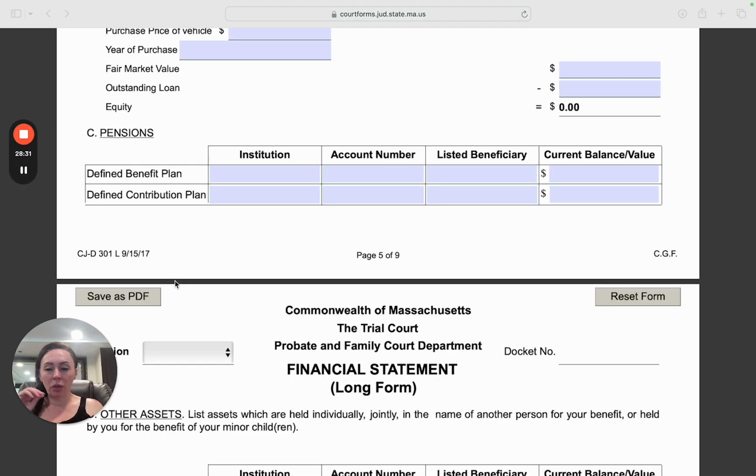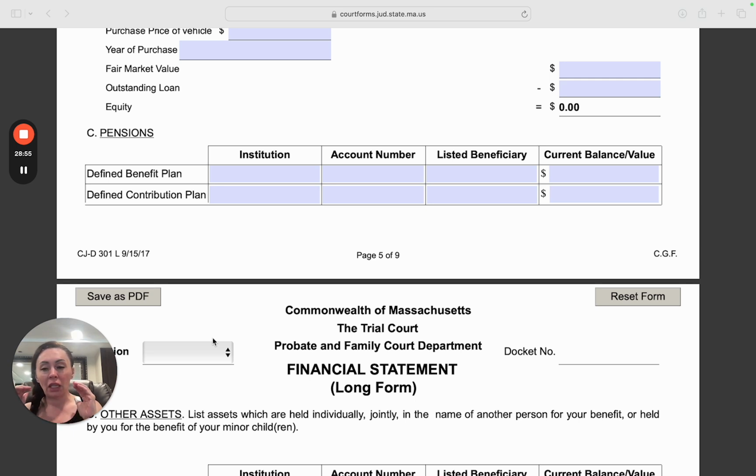Now, the other thing to be aware of is that a pension, if it is a true pension, they're very difficult to value. It's not like a 401k where you can just look at the statement and say, oh, it's worth $50,000. It's more tricky than that because it's a type of annuity stream. In a lot of cases, you need an actuary to value a pension.